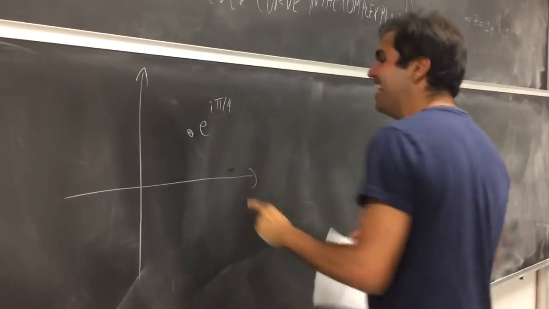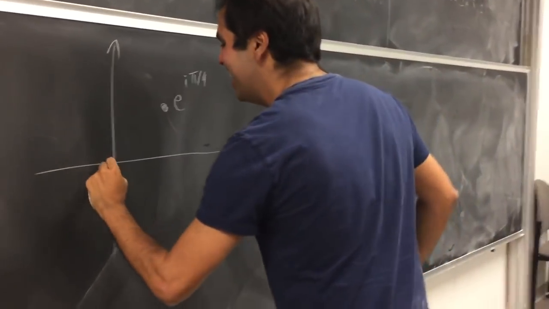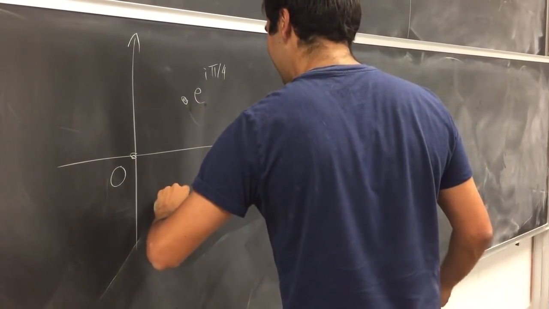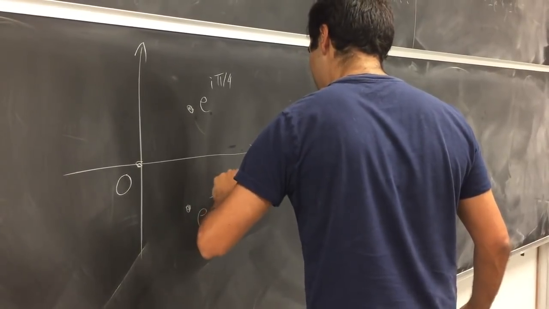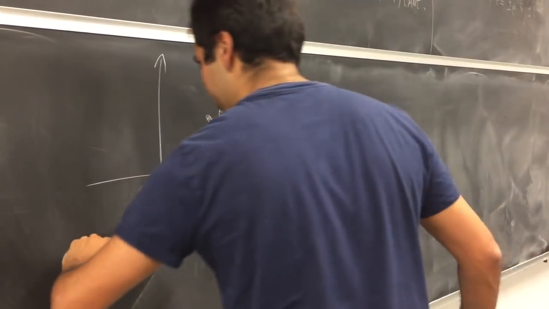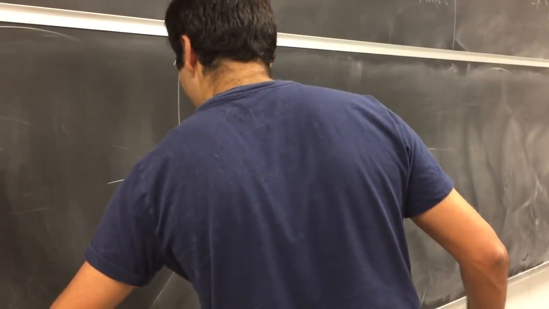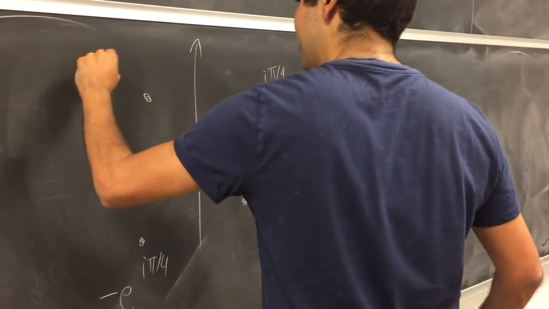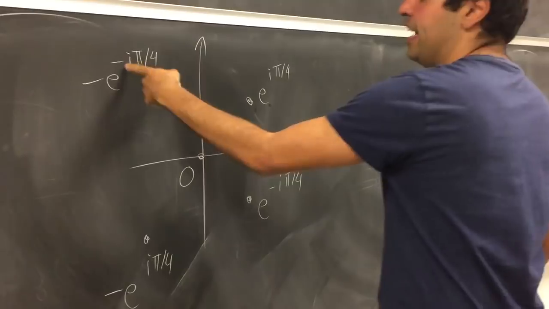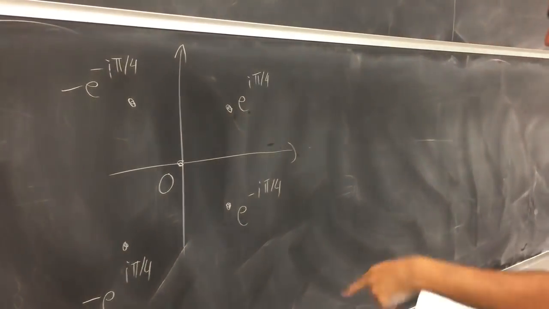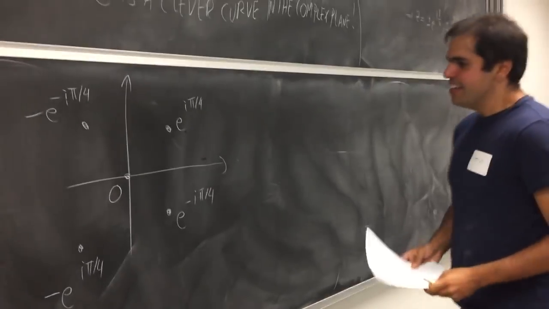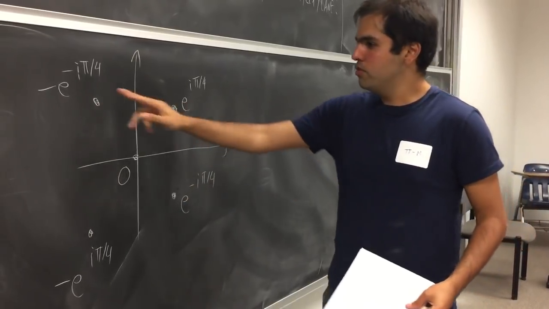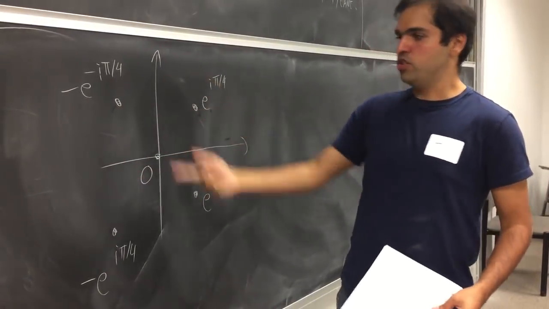So the singularities are at e to the i pi over 4, e to the minus i pi over 4, and the opposite of those two: minus e to the i pi over 4 and minus e to the minus i pi over 4. Again, you can write it as 3 pi over 4 and 5 pi over 4, but it's enough for our purposes. So look how pretty this is. This is the complex Mona Lisa, because we have those four singularities arranged on the square.